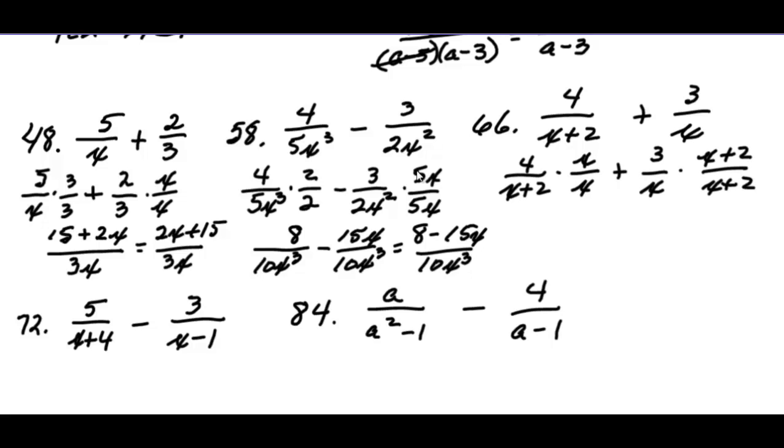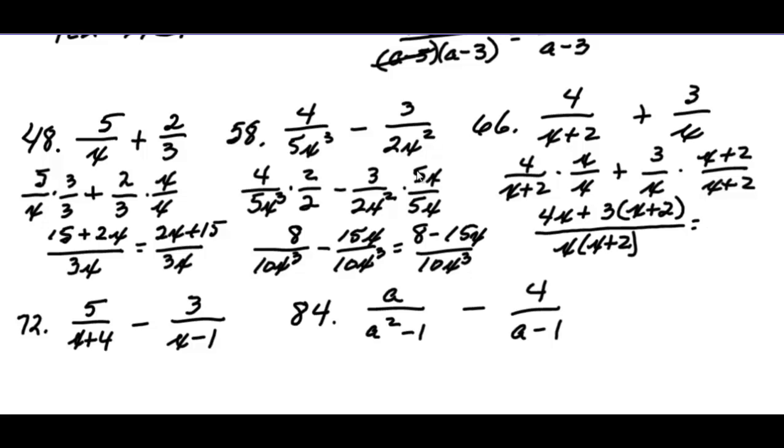Now what we get is 4x plus 3 times that quantity, x plus 2. And that's key. Got to remember, you're multiplying that 3 times that whole quantity, x plus 2. And our denominator now is x times x plus 2.